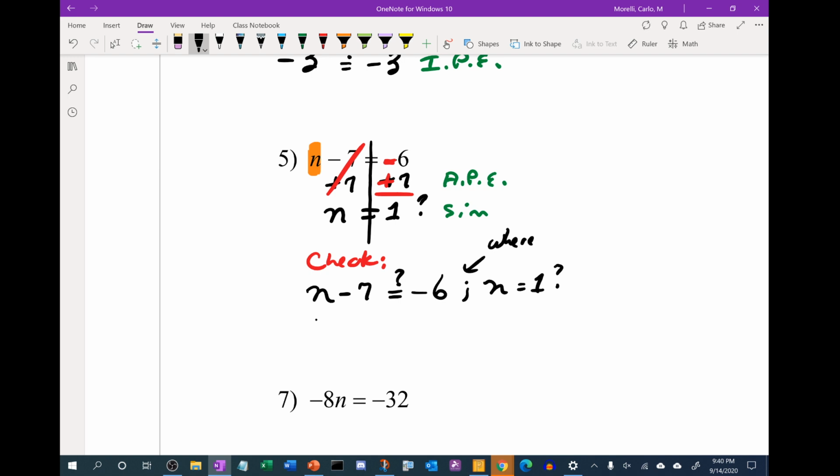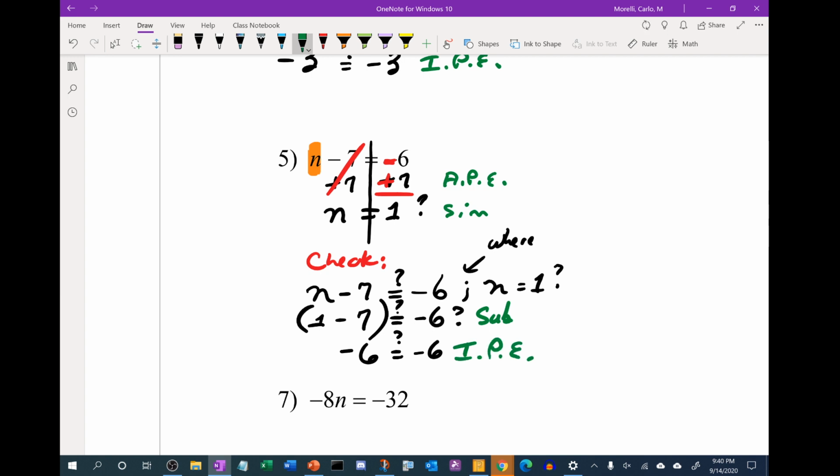So instead of writing n here, I'm going to write 1 minus 7. Does that equal negative 6? This is substitution. Well, what is 1 minus 7 here? 1 minus 7 is negative 6. So we write negative 6 equal to negative 6. Is that true? How do we know it's true? With the identity property of equality. That's how I know it's true.